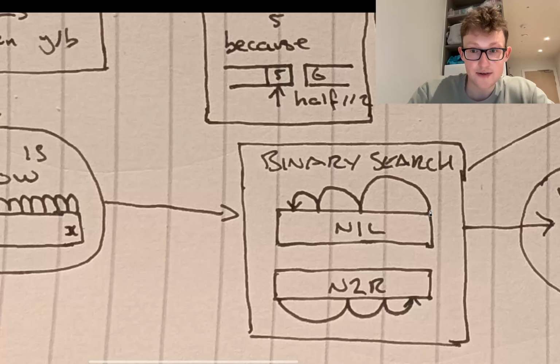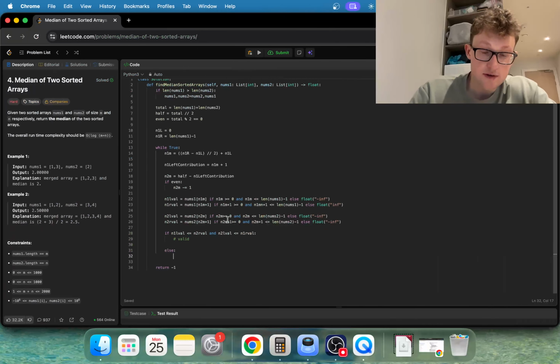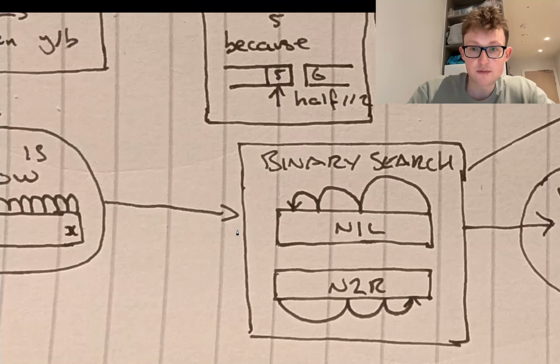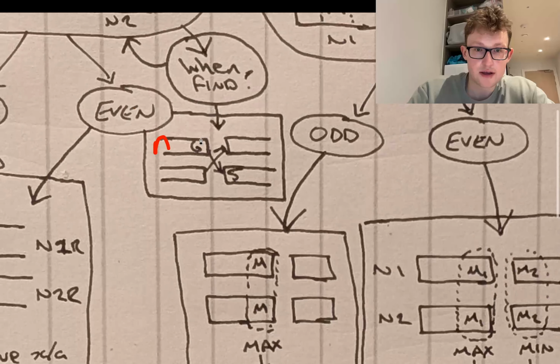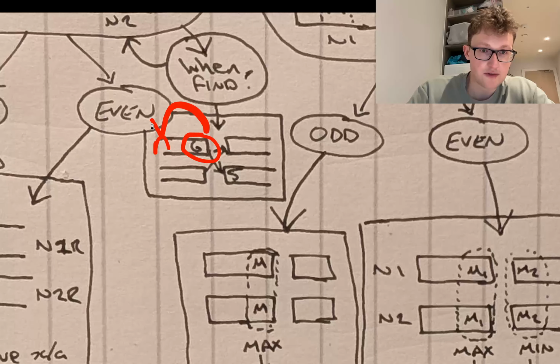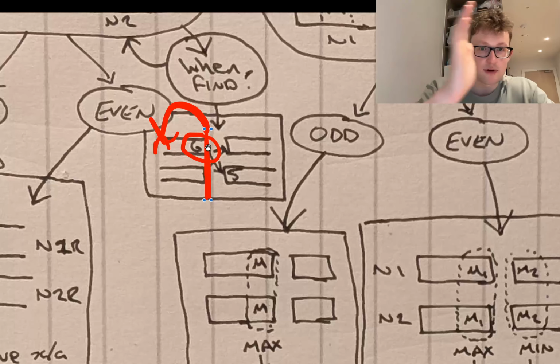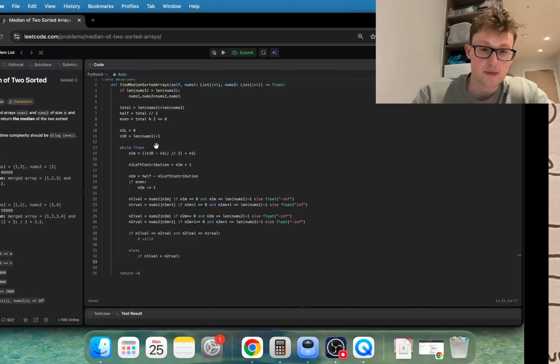And how do you do that? You adjust the middle. So if n1 L val is bigger than n2 R val, if this is too big, you want to go this way to get a smaller one. So if this was our right pointer here, you want to move that to here, so we then get rid of some of the bigger elements and our new middle becomes where I'm pointing at here.